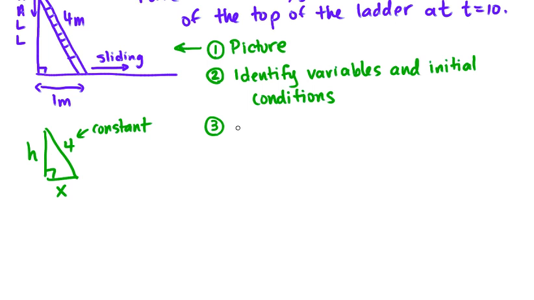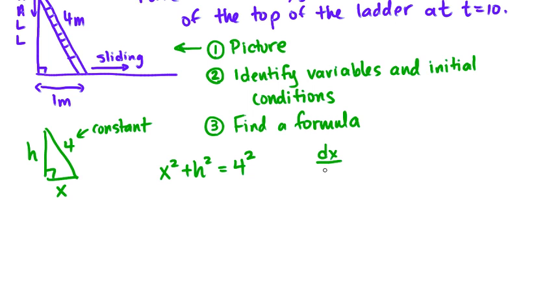So step 3, we want to design a formula that will incorporate these variables and these initial conditions. In this case, the formula is the Pythagorean theorem. One of the initial conditions was that the x value is increasing at a certain rate, and the rate has to do with time.